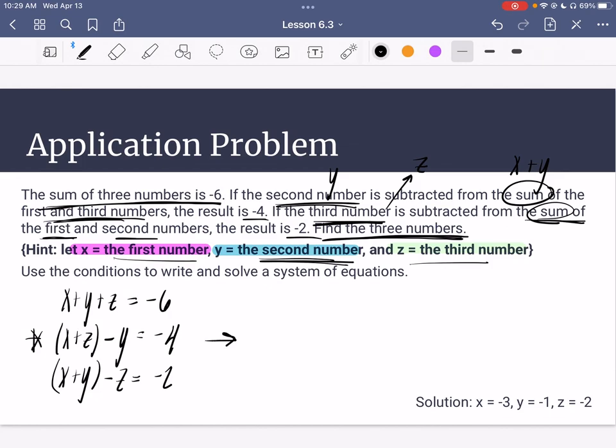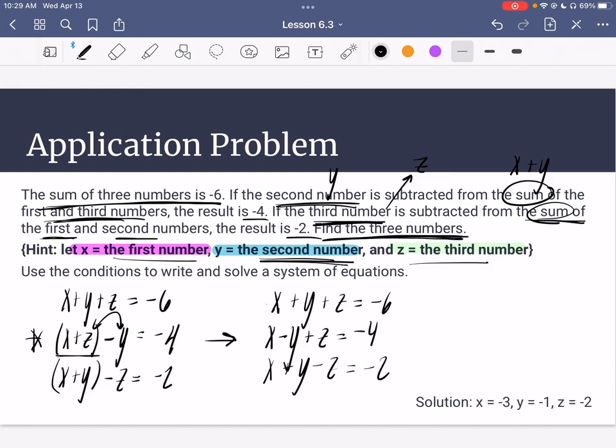If I get rid of these parentheses, I'm just going to flip-flop the y and the z so that I get x minus y plus z equals -4. And then I can rewrite my other two equations here. So now everything looks good to go. We have all of our variables and our constants aligned.